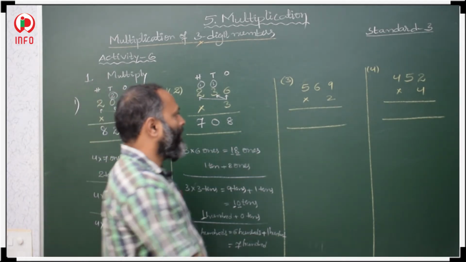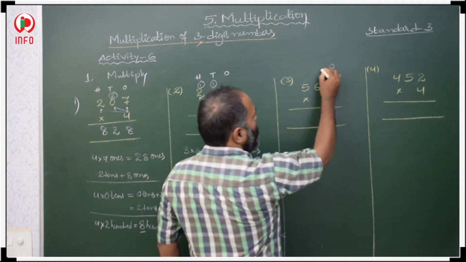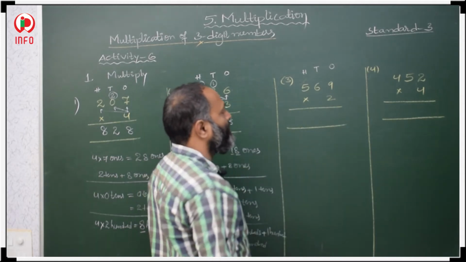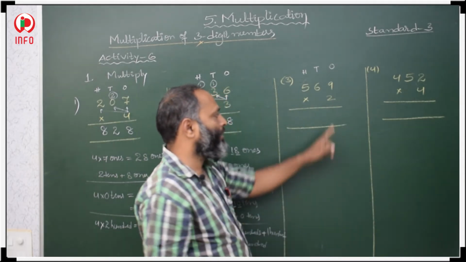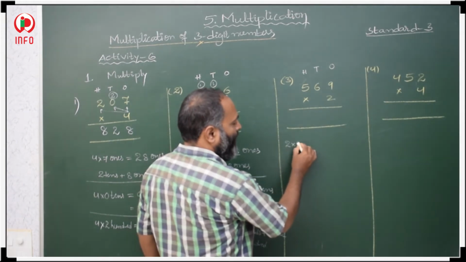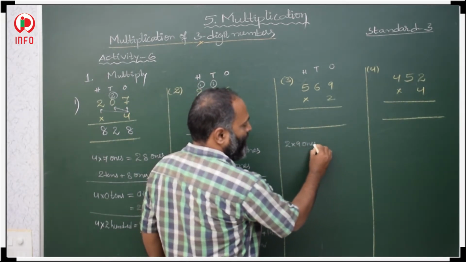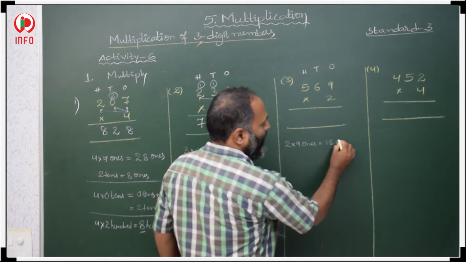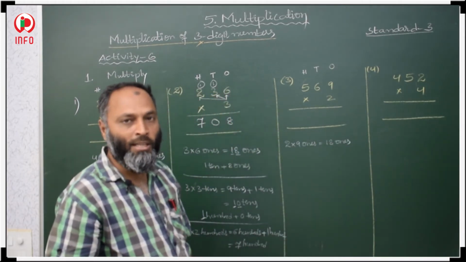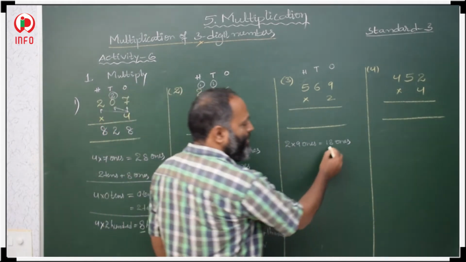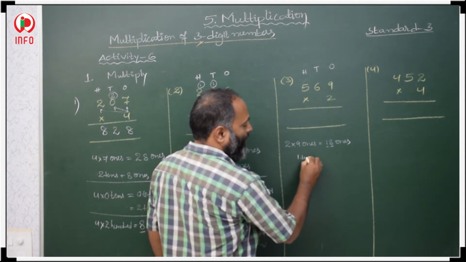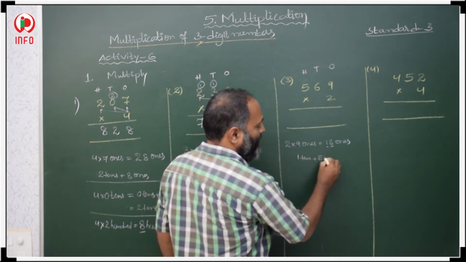Again, next, this is ones, this is tens, this is hundreds. First we have to multiply 2 with ones. 2 into 9 ones. 2 nines are 18 ones. 18 ones means 8 ones and 1 ten.